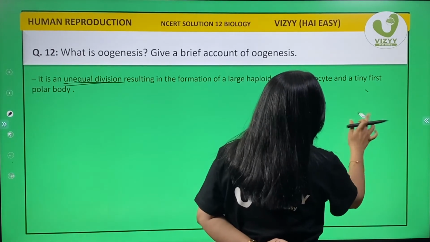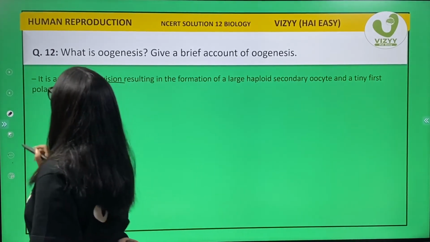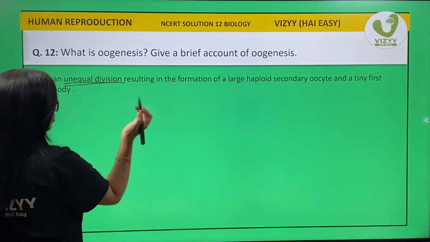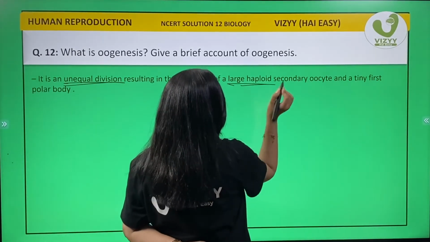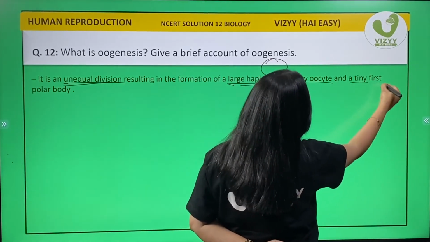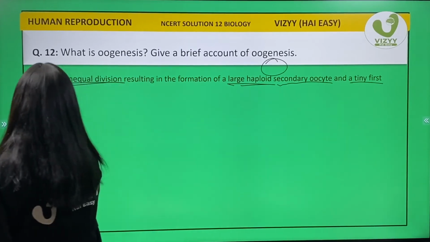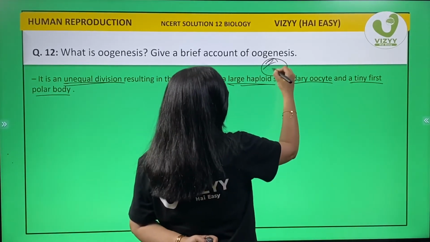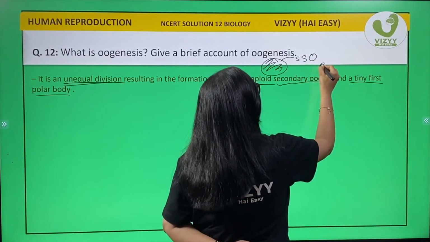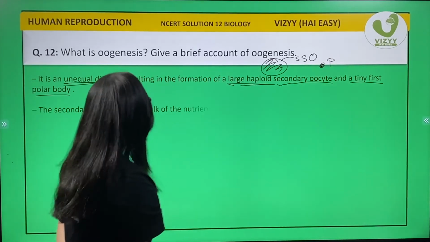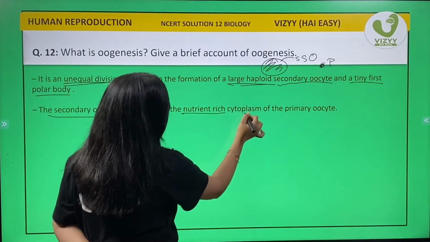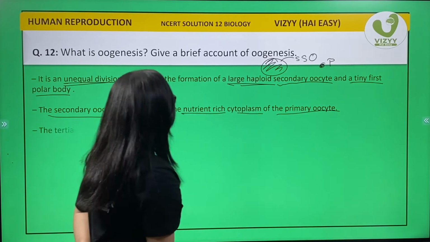Okay, students? Clear? Going ahead. It is an unequal division resulting in the formation of a large haploid secondary oocyte and a tiny first polar body. As it is unequal, there is one large secondary oocyte and one small polar body. The secondary oocyte retains the bulk of the nutrient-rich cytoplasm of the primary oocyte.